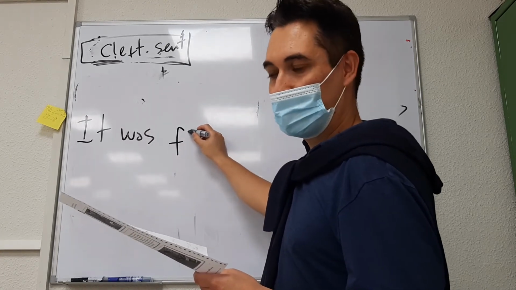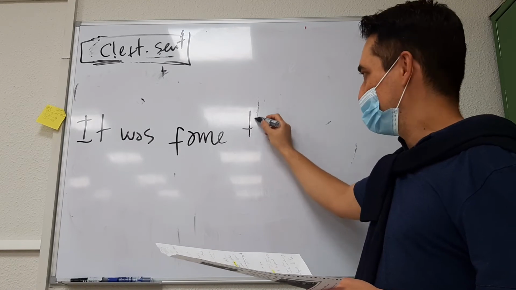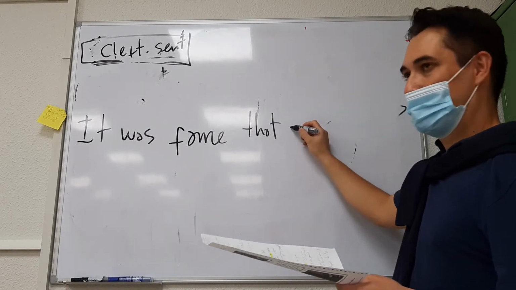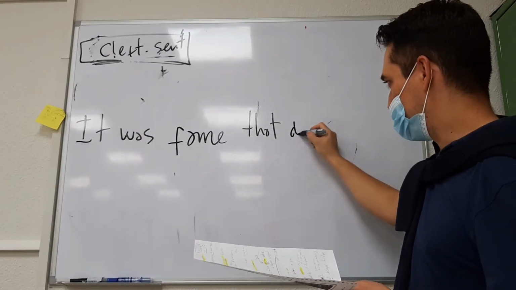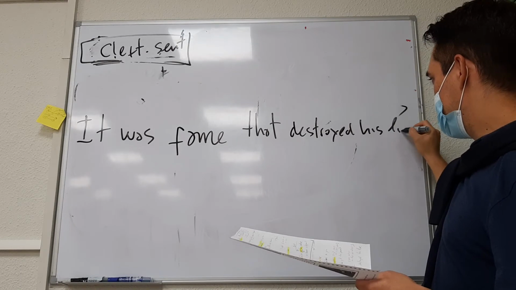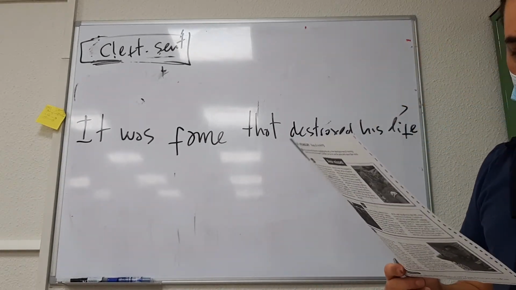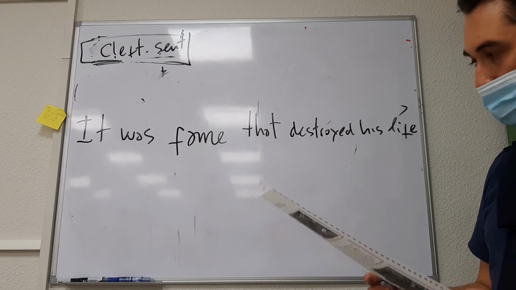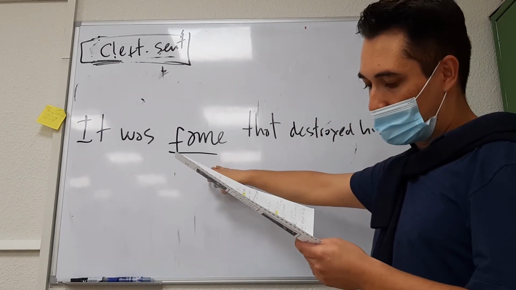It was fame. Even better, that. I would accept what destroyed his life. It's a sad story about this actor, though. It was fame that destroyed his life. So we put fame at the beginning for emphasis.